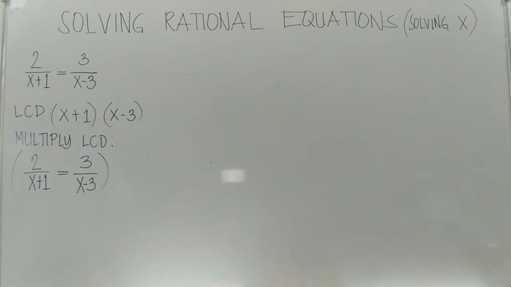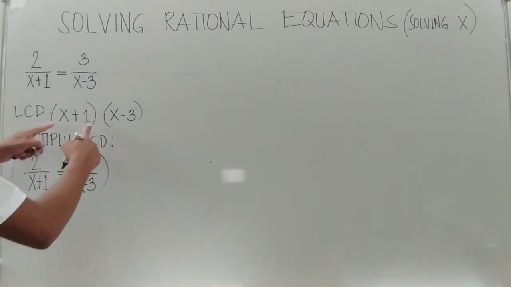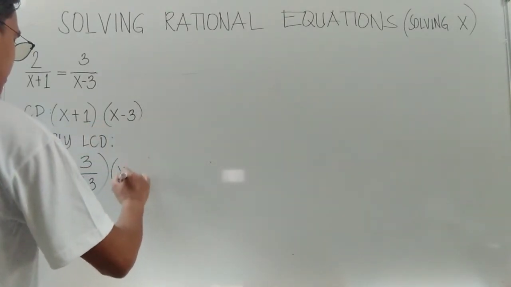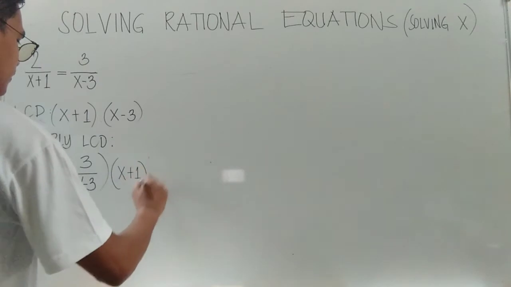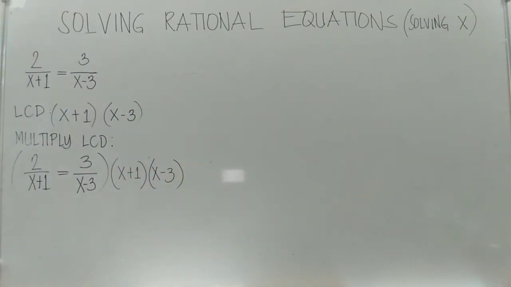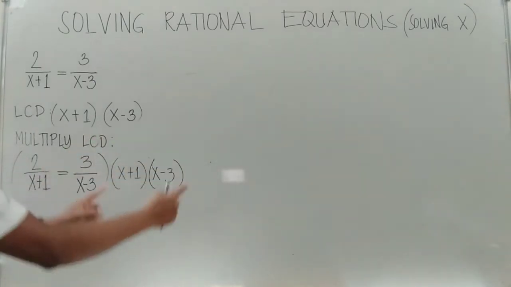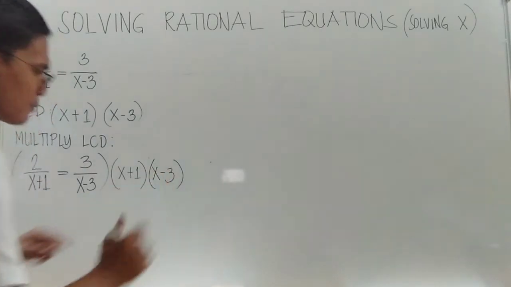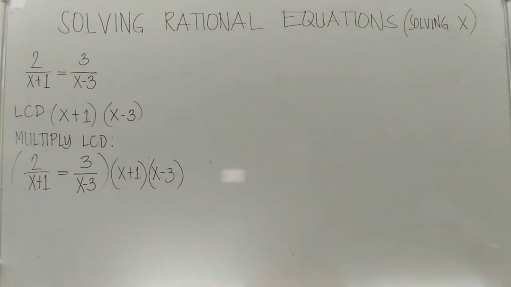Then let us multiply your LCD, which is the quantity of x plus 1 times the quantity of x minus 3. Are we clear on this? So this is your original equation, 2 over x plus 1 equals 3 over x minus 3, times your LCD, which is x plus 1 times x minus 3.